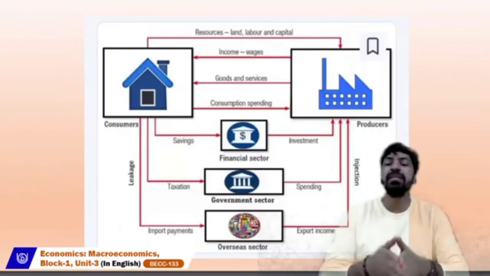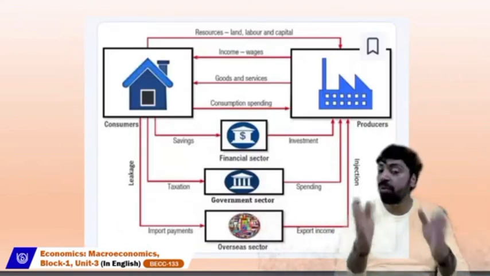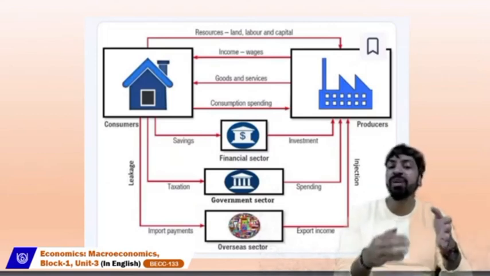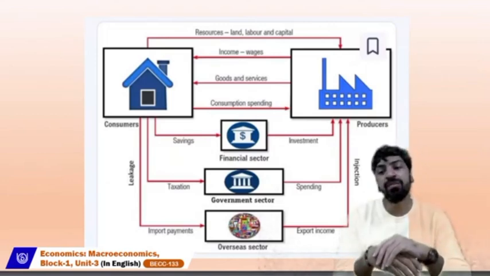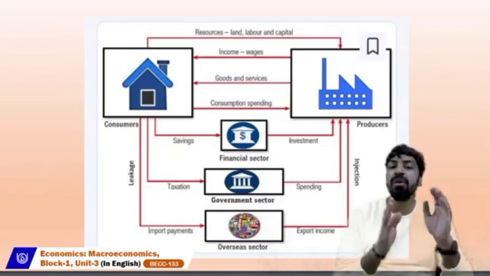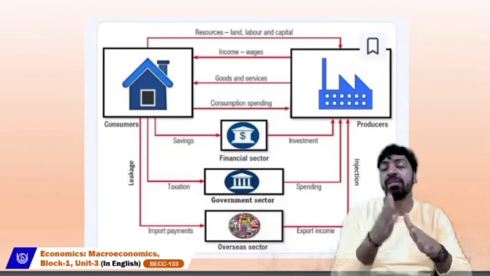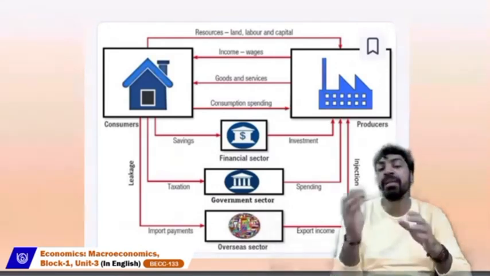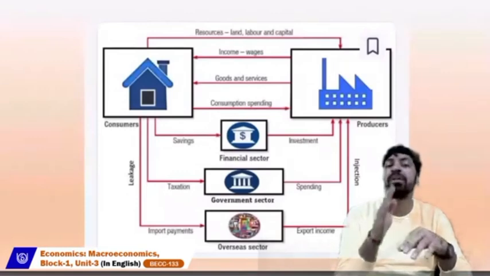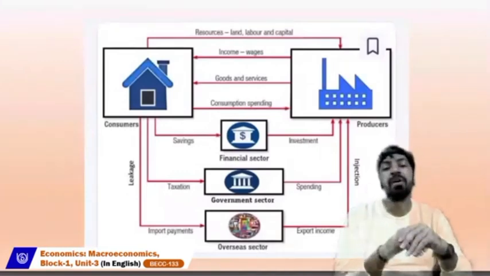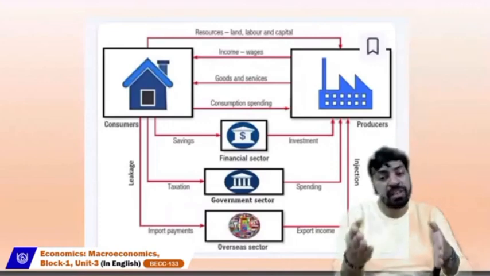In the five sector model, as shown in the diagram, this is where the leakage takes place and where the injection takes place. Leakage appears as withdrawal of payments to the overseas sector, withdrawal of payments in the form of taxation, and withdrawal of payments in the form of savings, because your savings go into the financial sector.